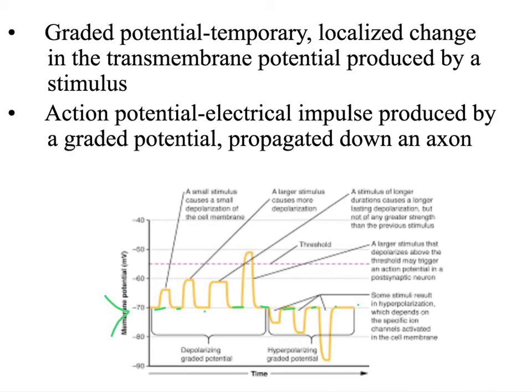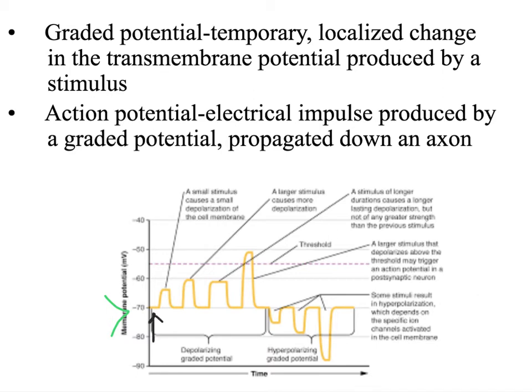So if this cell is sitting here at negative 70, it's at resting membrane potential. It's not doing anything. But now what happens if we have a stimulus, and the stimulus is going to be occurring right here, for example, and that's going to cause a change.